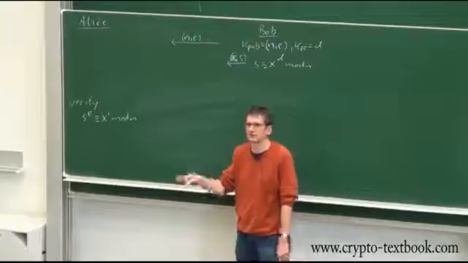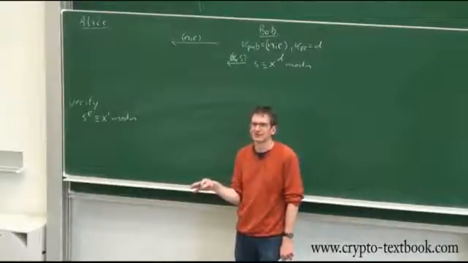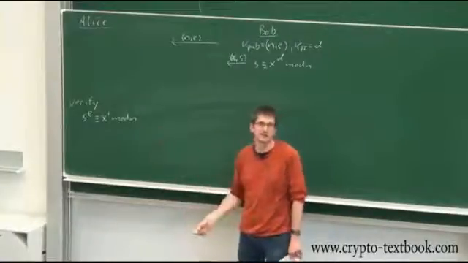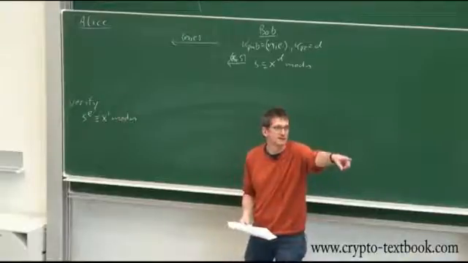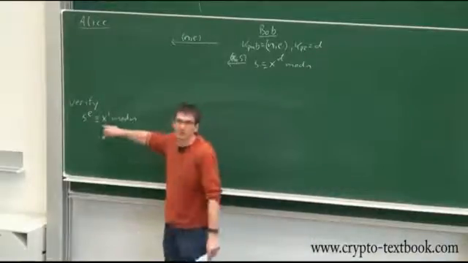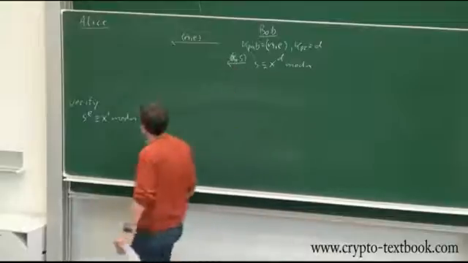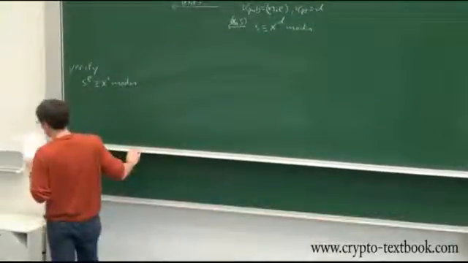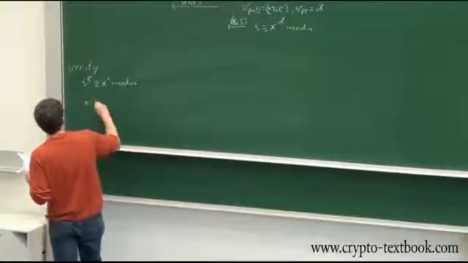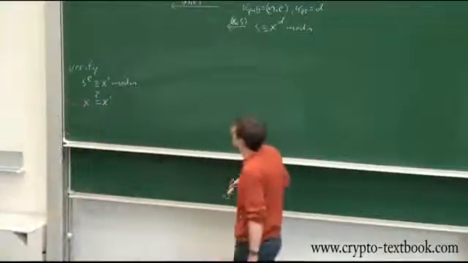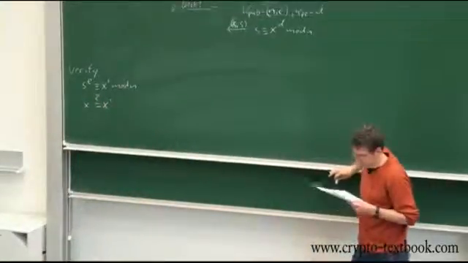So what was the very last thing you did for verification? How does Alice know that the signature is correct? Yeah, exactly. This x prime, which she recomputed, she has to check whether it is identical to the original message. So here she has to perform a check: is x prime in fact identical to x? Okay, so that's it.